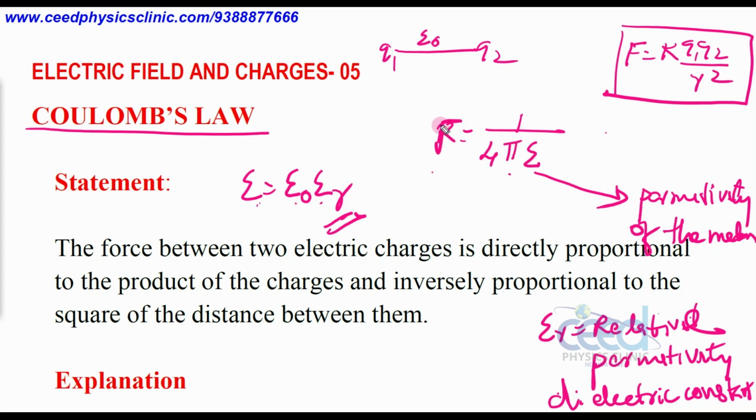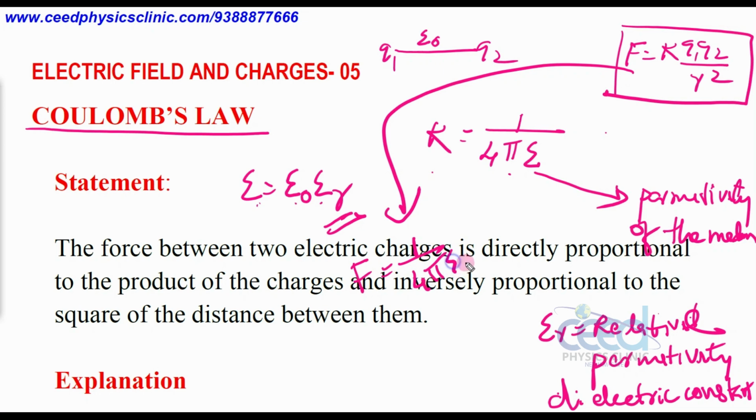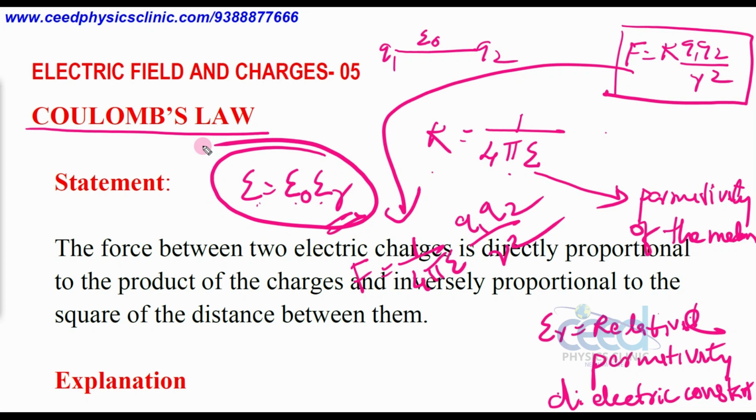From this expression, we can replace k, so F is equal to 1 by 4 pi epsilon, for a medium epsilon, q1 q2 by r square, where epsilon is equal to epsilon 0 epsilon r.